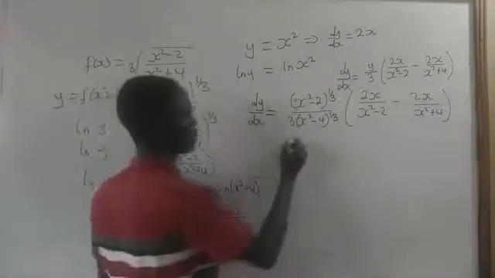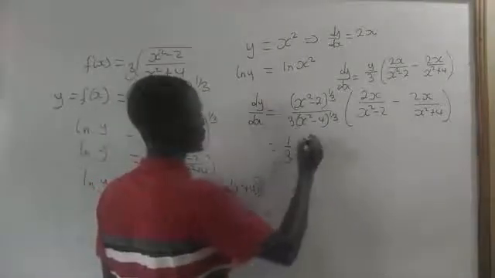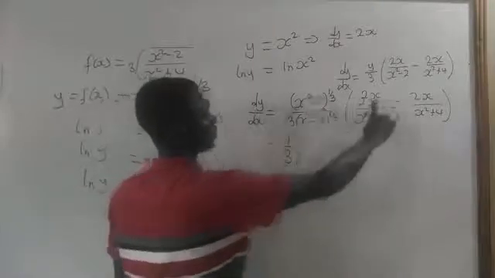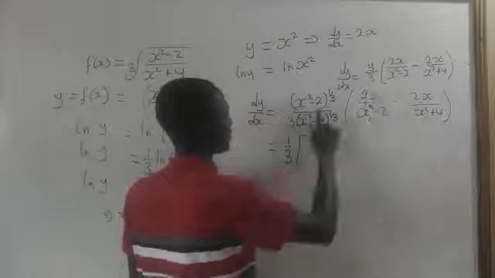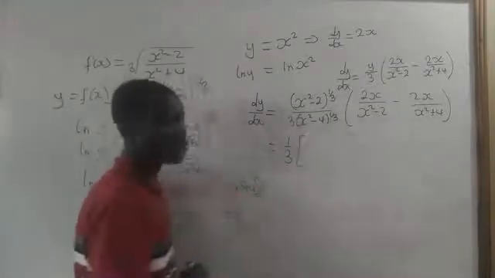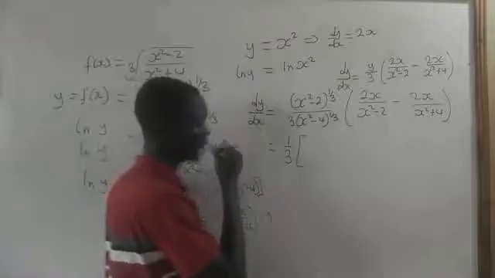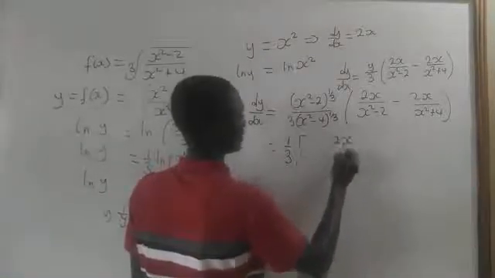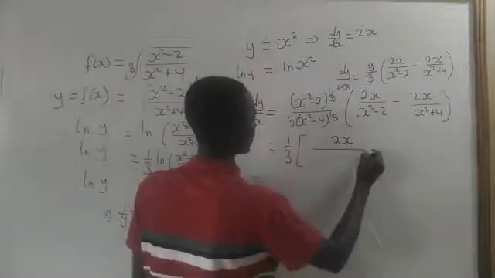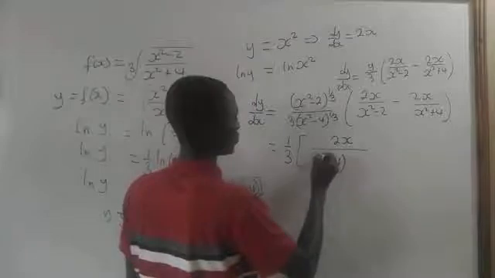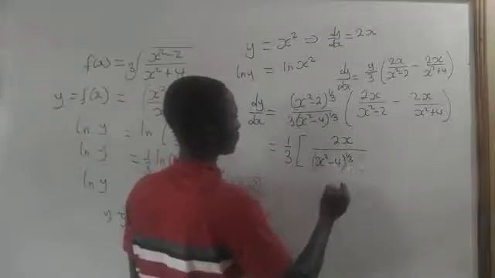So, we are going to have 1 out of 3 wait for us. If we multiply this, what is at the top, we have the same at the denominator. So, what are we going to get? Let's first write our 2x divided by x squared plus 4 to the power 1 out of 3.